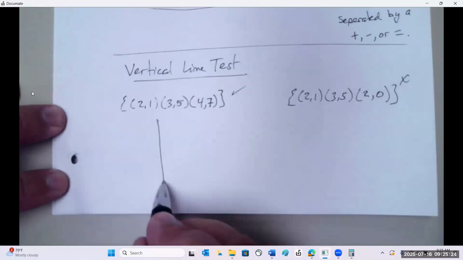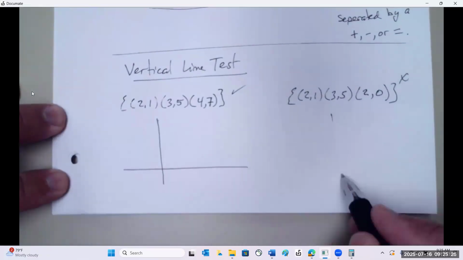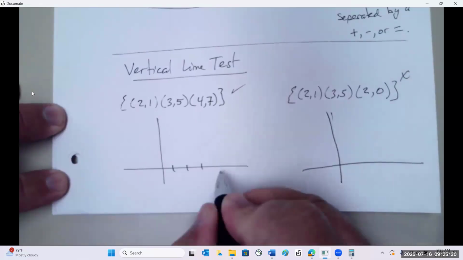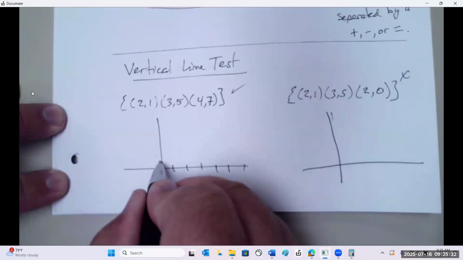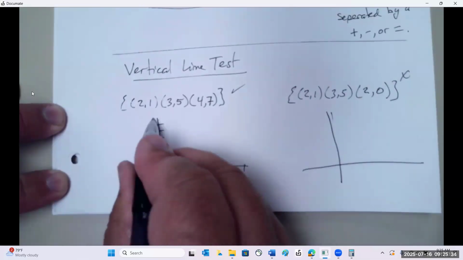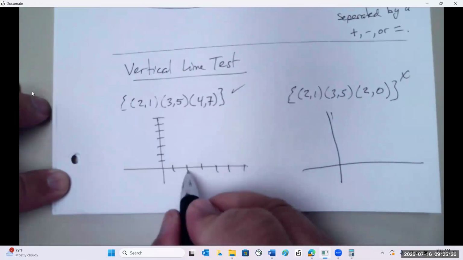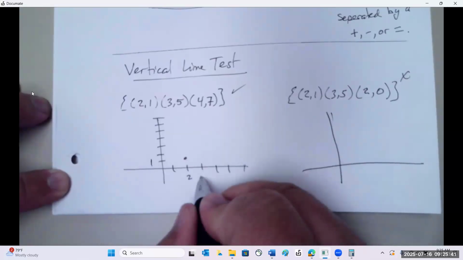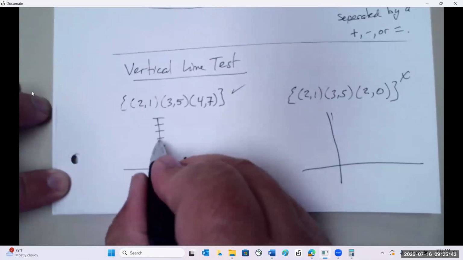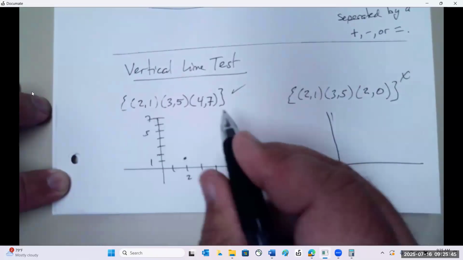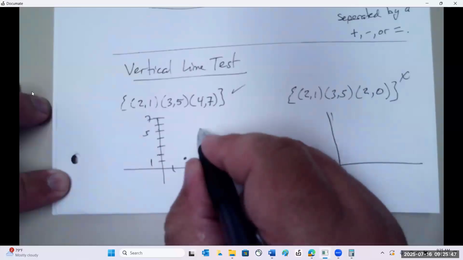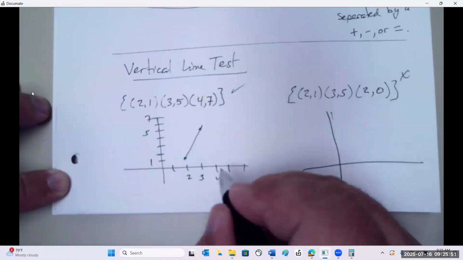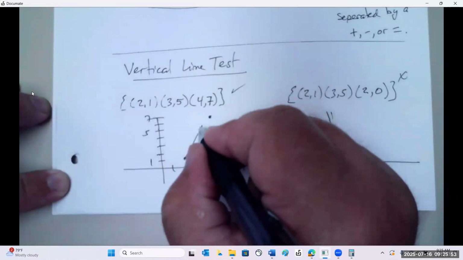Let's look at the graphs of these. So we have a point at 2, 1. We have a point at 2, 3, 4, 5. So we have a point at 3, 5, which I can connect. And then we have a point at 4, 7, which I can also connect.